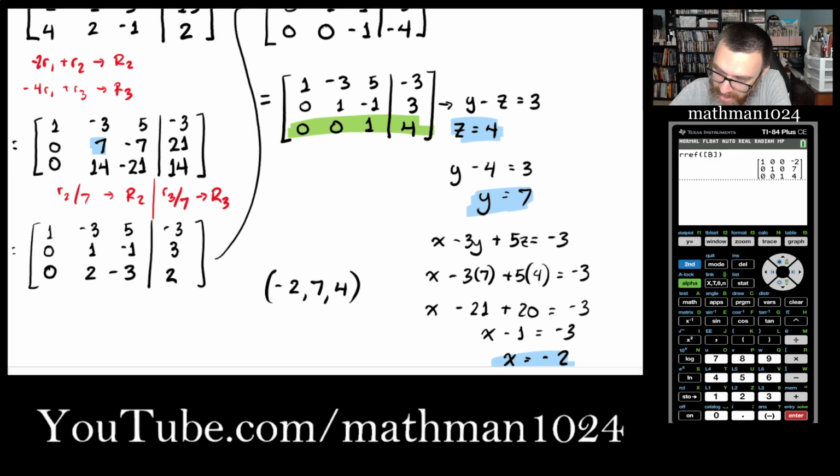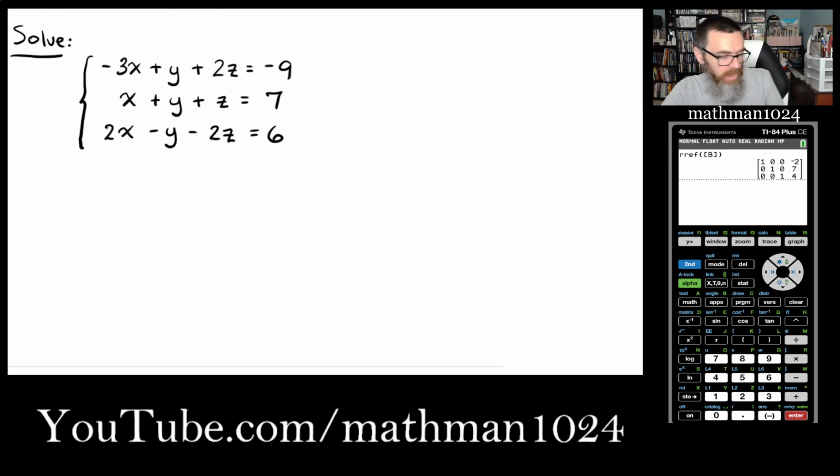Let's look at the next one. All right, so again, let's take this guy down to the row echelon form, and then we can check our solution from that with a reduced row echelon form in the graphing calculator. Now, you might already see how you might want to rearrange some things here. I'm going to do that right now. I'm just going to swap these guys around.